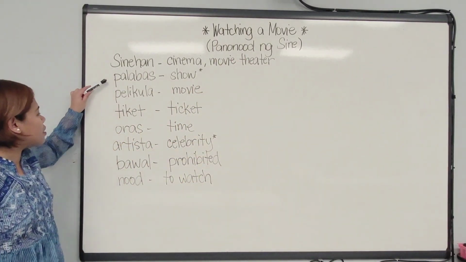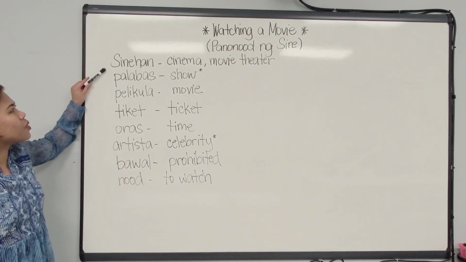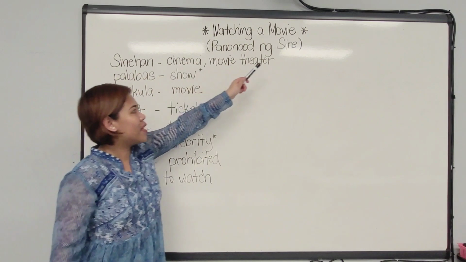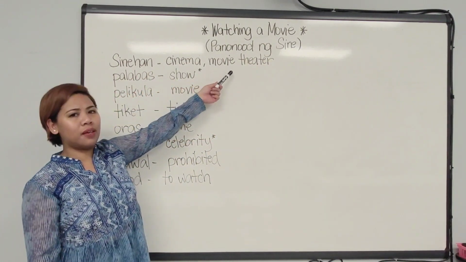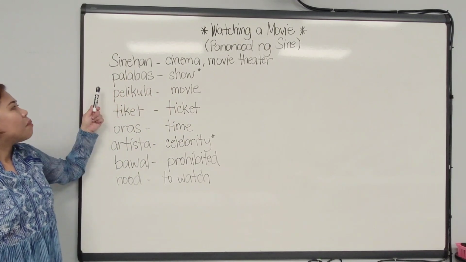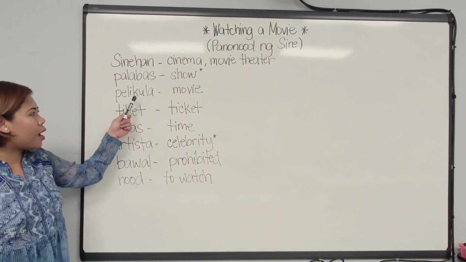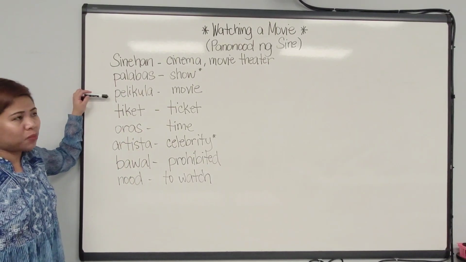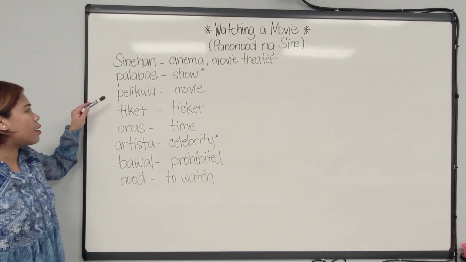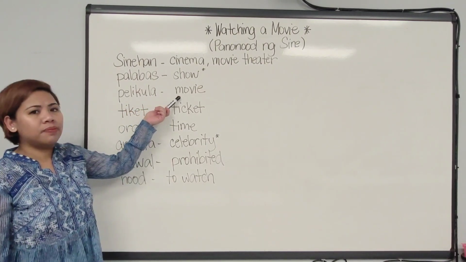Now here is the list of the vocabulary words that we need to learn today. So the first one is sinehan, sine. It means cinema or movie theater, sinehan. Palabas is show and pelikula is movie, but we use these two interchangeably. So you can actually use palabas or pelikula when you mean a movie.